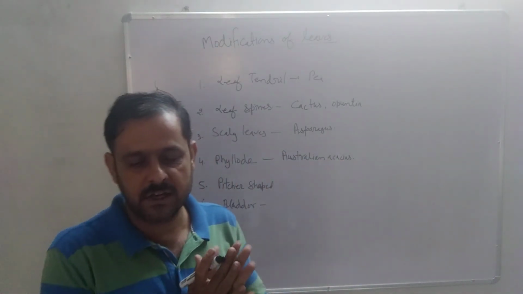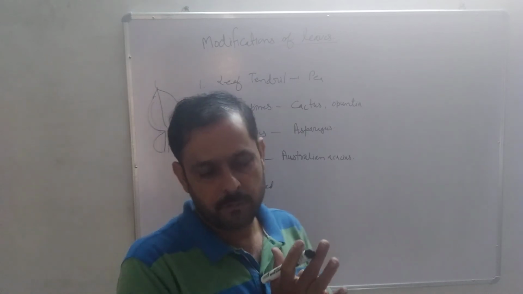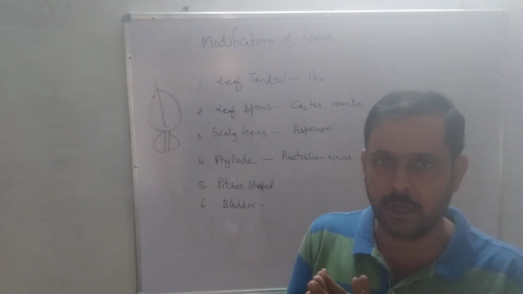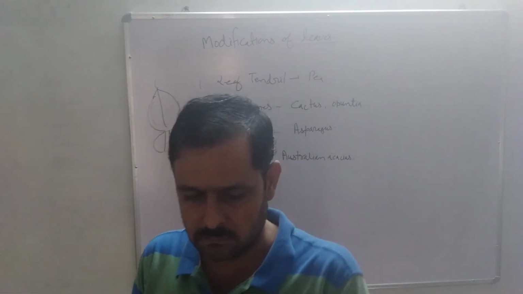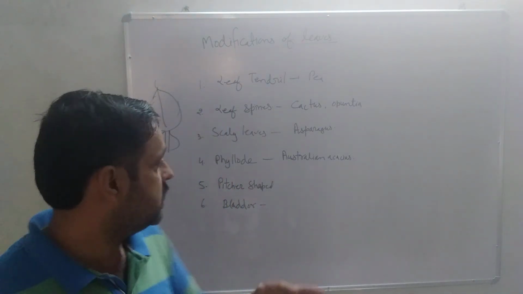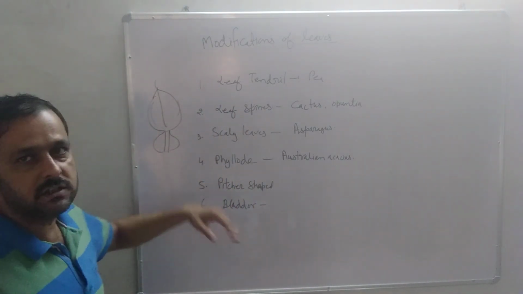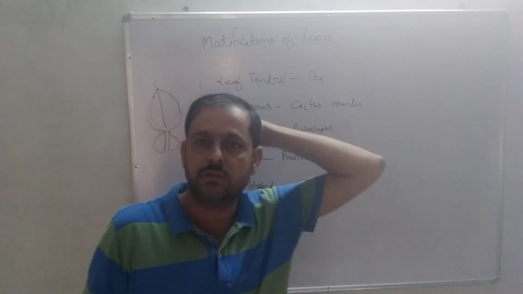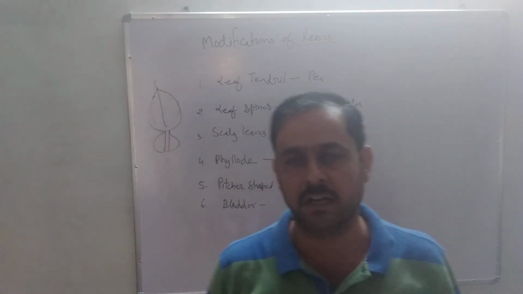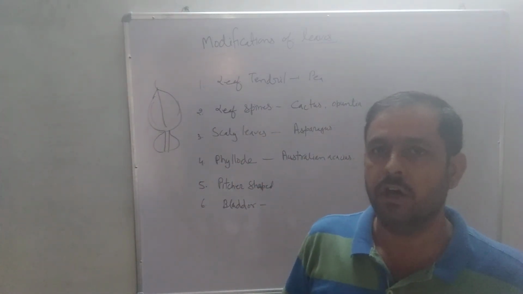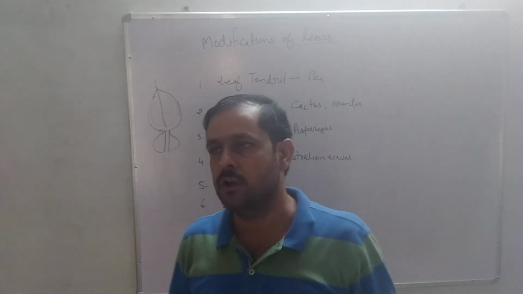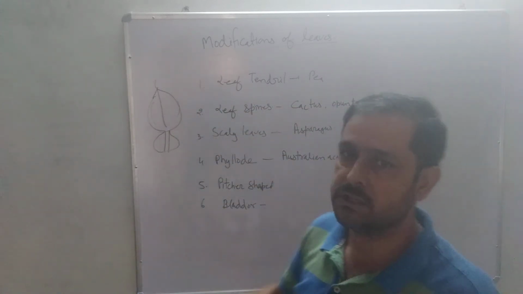Each bladder has a tiny valve that opens inwards only. So the pitcher-shaped and bladder-shaped plants can eat insects to fulfill their requirement of nitrogen. So these are the modifications of leaves.